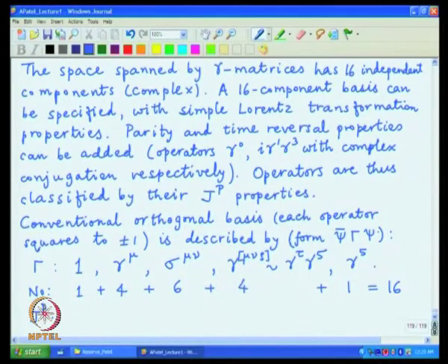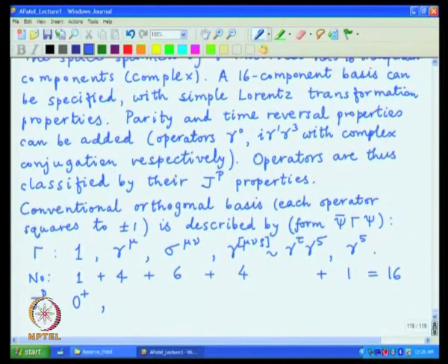So, the gamma matrix is inserted between psi bar and psi, and we saw that if you pick identity, psi bar psi is Lorentz invariant, and so the corresponding value of J P in this particular case happens to be 0. The parity is plus, because the identity matrix does not transform under parity operator, which is gamma 0. What about the next one? This is the vector.